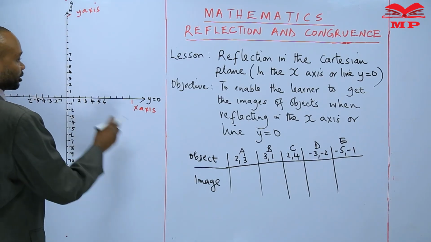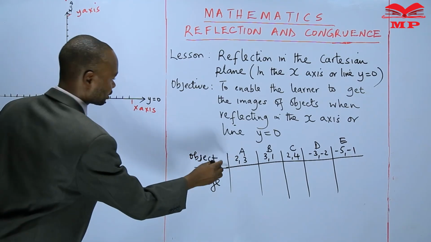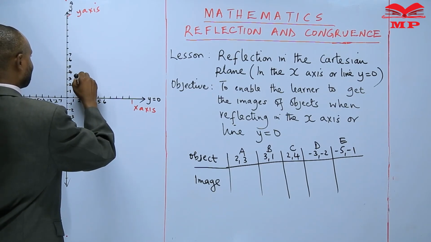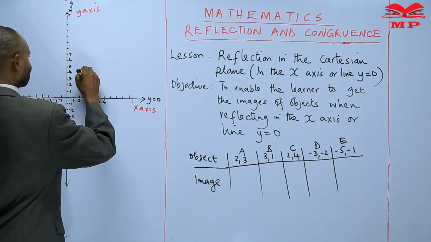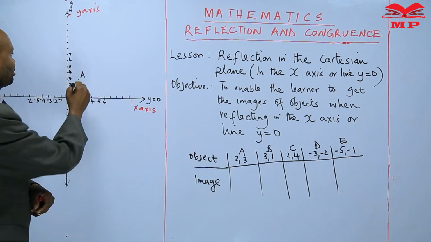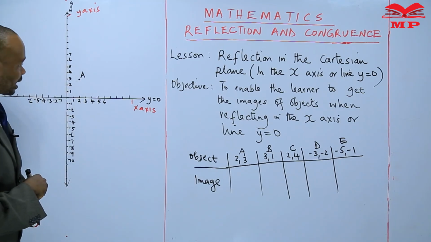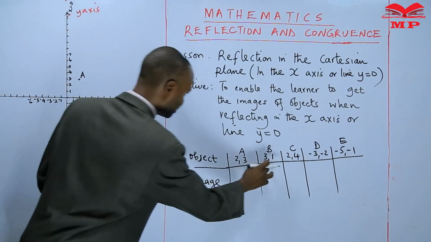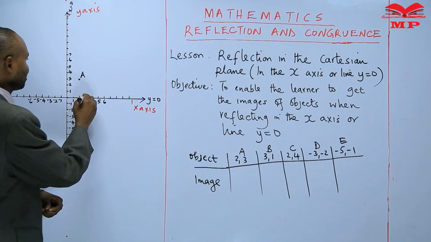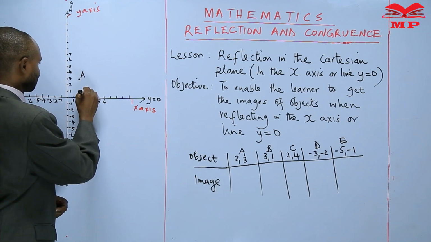Coordinate of x is 2, and coordinate of y is 3. That is where my A is. I have 2 for x and 3 for y. I have another object at B. Coordinates 3, 1. So I'll come here for x 3, for y 1. So I have B.